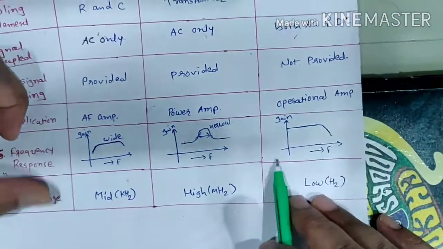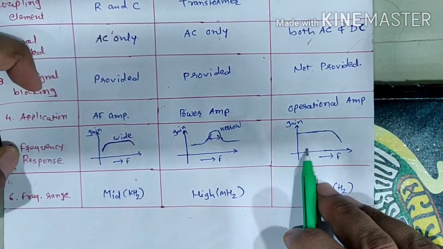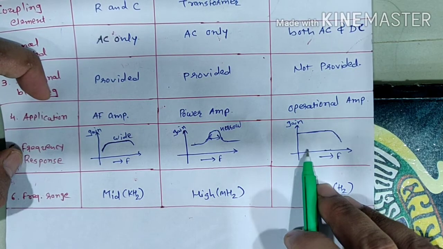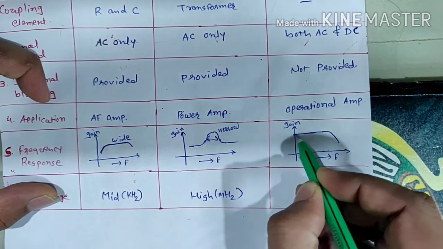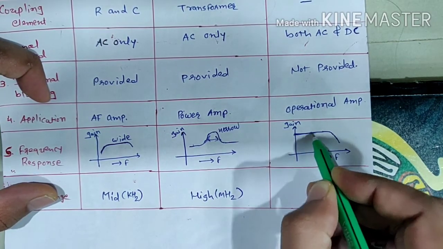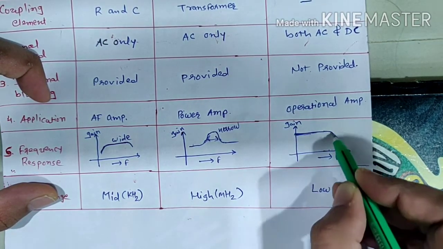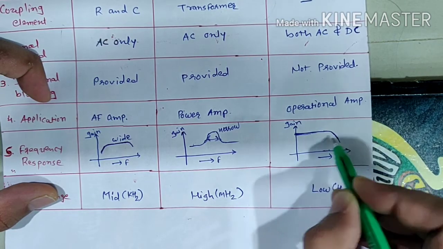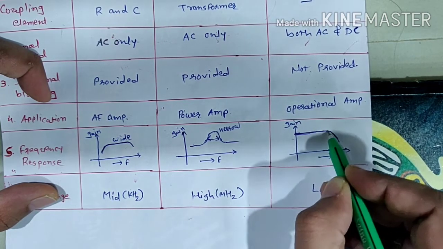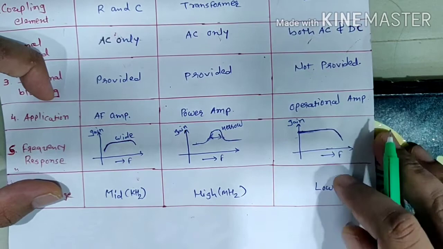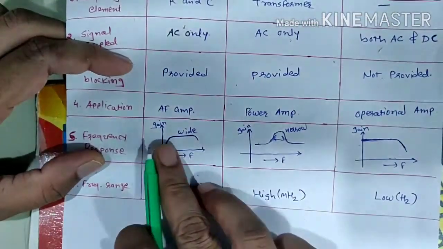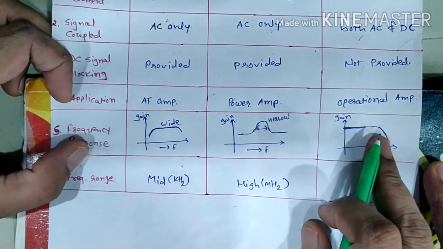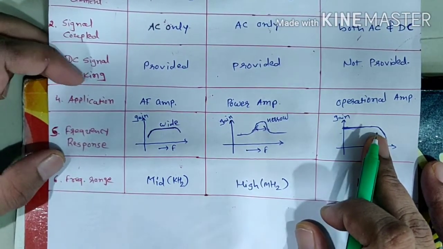In direct coupling the frequency response starts from DC, or 0 Hz, to several Hz. It will provide a flat response, then it will decrease. So this is the frequency response provided by all three coupling techniques.